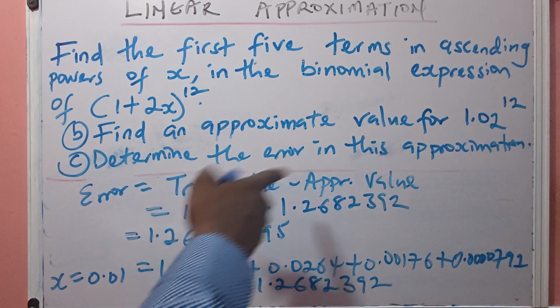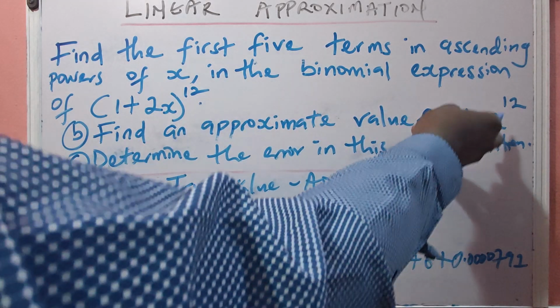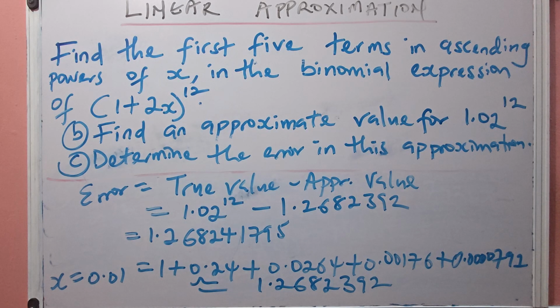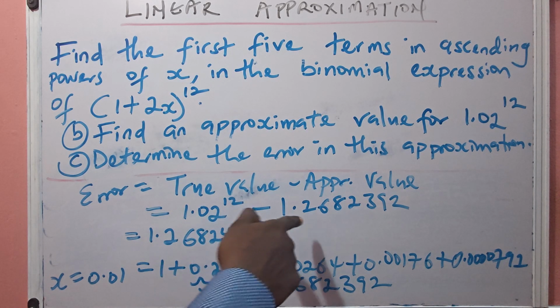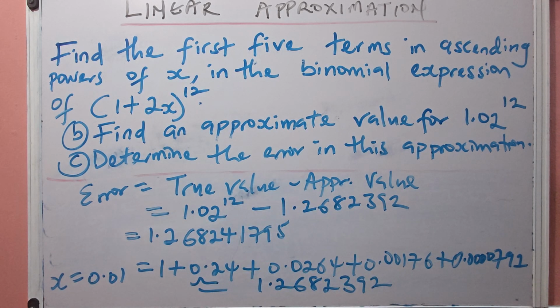If you press 1.02 raised to the power 12 on a calculator and your value is far from the approximate value you got, that's telling you you have made an error somewhere. That's a good way to check your work in an examination. Look at what your true value was, look at what your approximate value was. You can see they are almost the same thing, with just a very slight difference, which is what will be seen as my error.